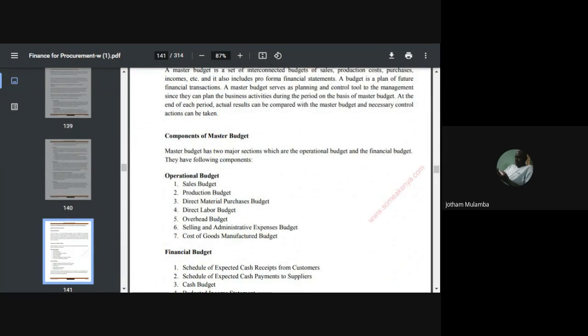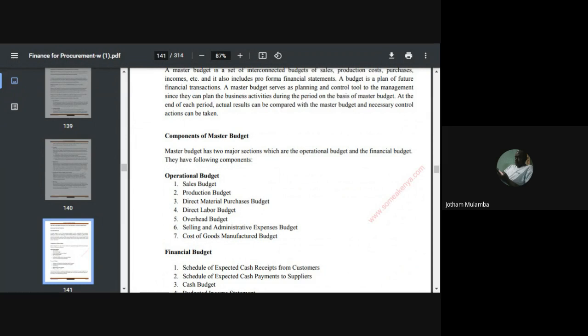Then within the master budget, we have some components, where we have operational budgets. Operational budgets cover the activities that are undertaken by the organization, like sales, production, direct material purchase, direct labor and all that. Those are the operational activities we encounter from day to day.